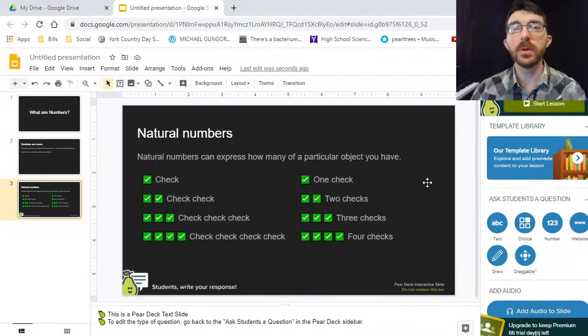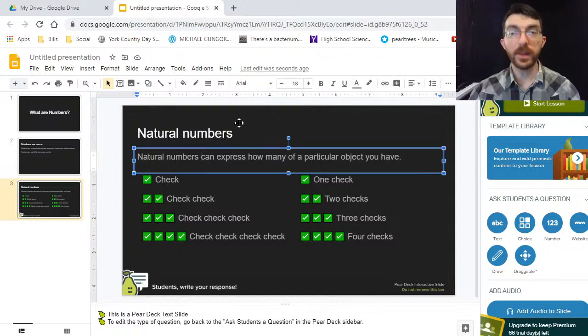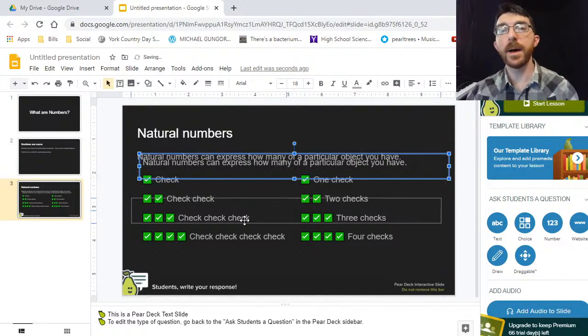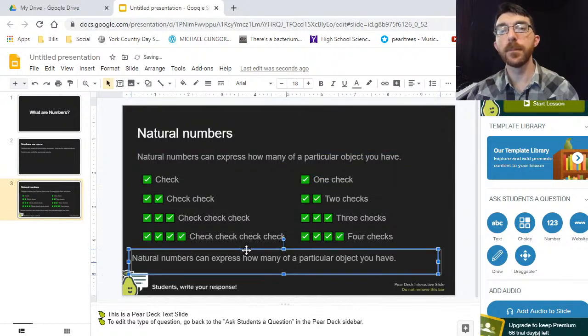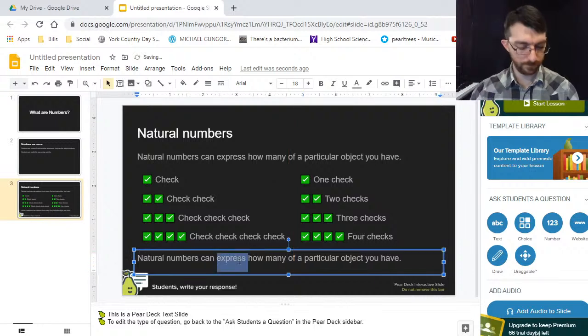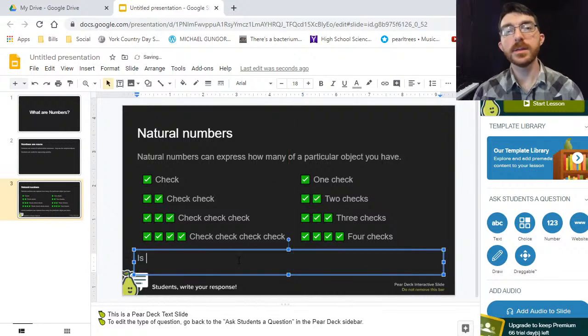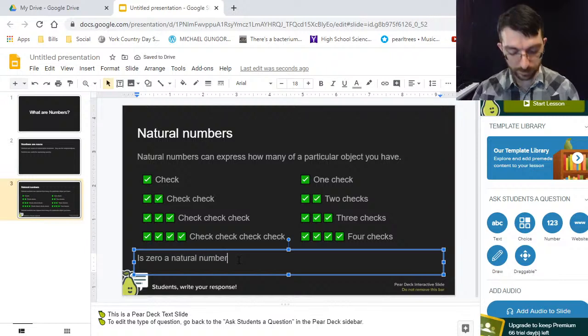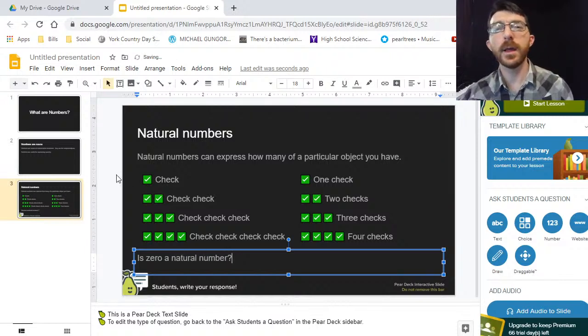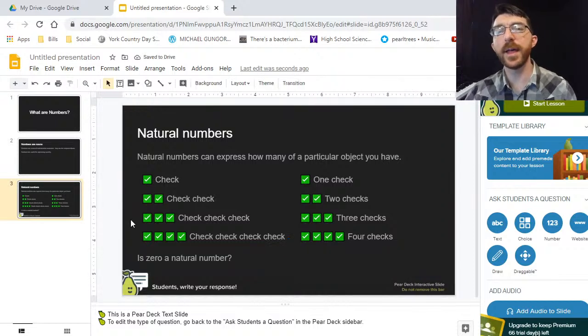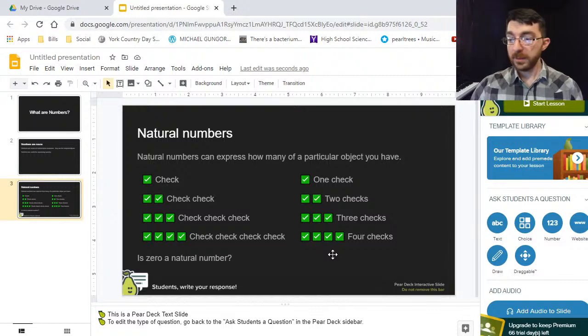But if I'm doing this remotely, I'd like them to be able to write their response. So let me copy this text box, put the question at the bottom. Is 0 a natural number? And I'm sure we could spend 5 minutes discussing that. Students, write your response.